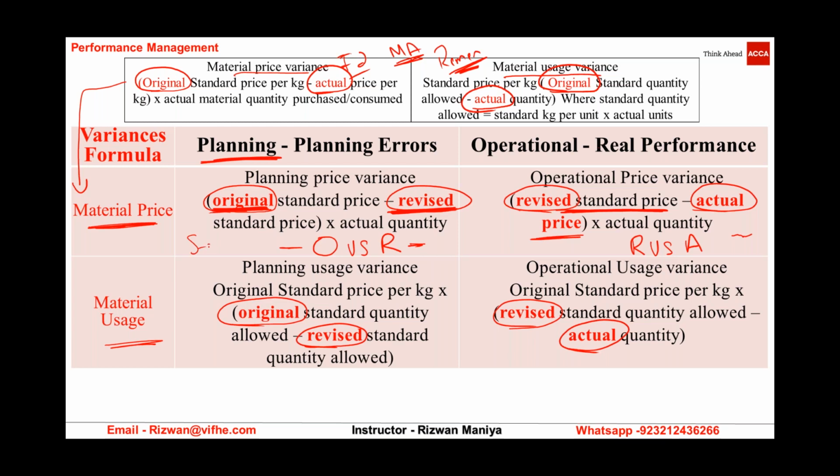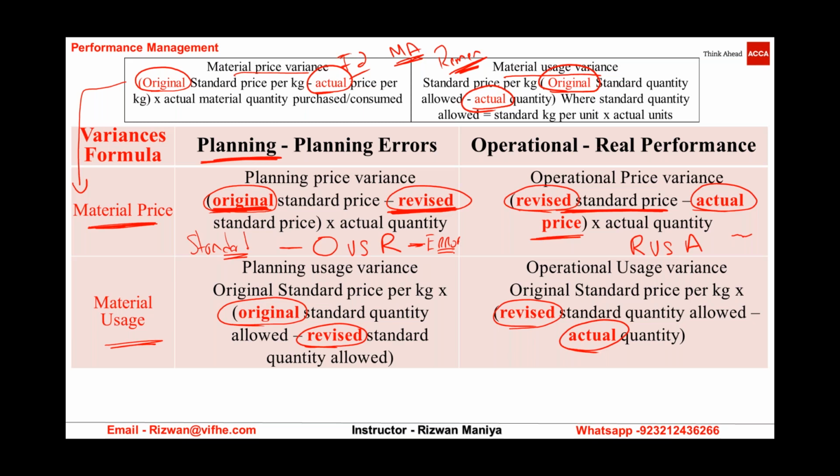Original standard and revised standard will highlight the planning error because the error was in the standard. And if the error was in the standard, let's compare the two standards. So if you compare the two standards, it will highlight the error, my friends. So original standard and revised standard difference is planning variance.